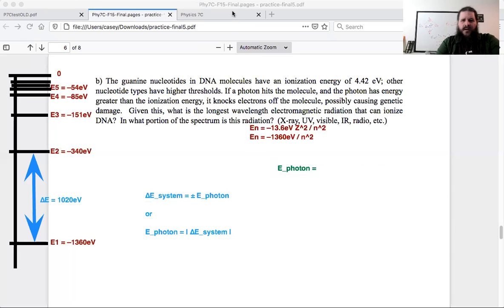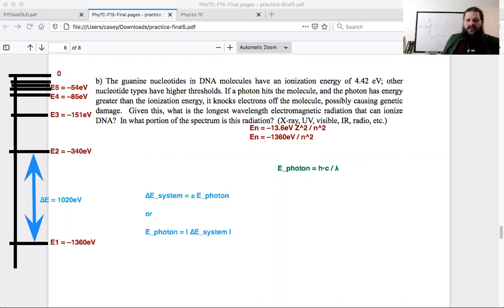hc over lambda. Yeah, hc over lambda will work. Okay, so we can use h times c over lambda.